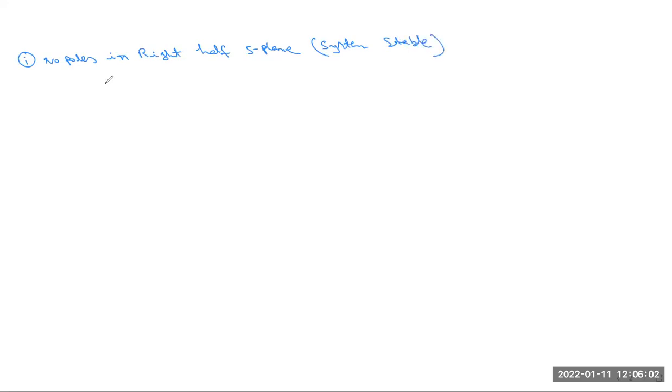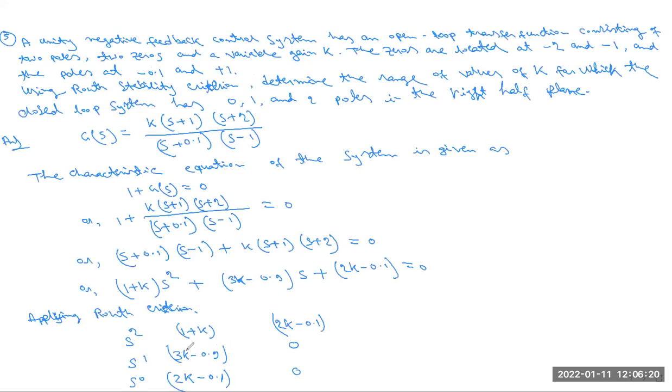So 1 plus K must be greater than 0, so we write K is greater than -1.